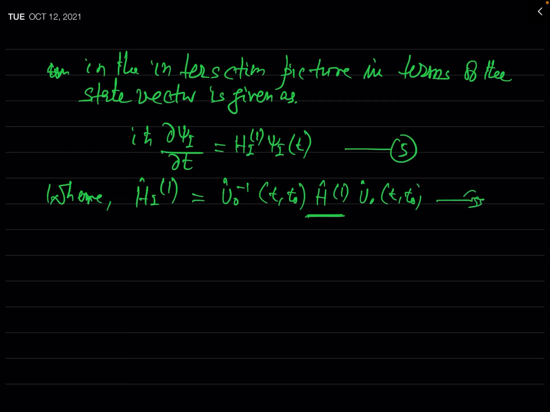This H hat 1 is actually the Hamiltonian in the Schrodinger picture. Say this is 5a.